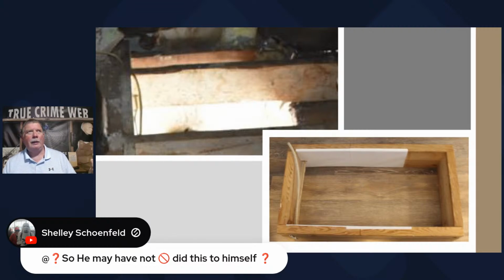Was all that blood spatter above his head and to his right side created by a passive blood flow of droplets streaming into a pool? That's what this whole test is about.